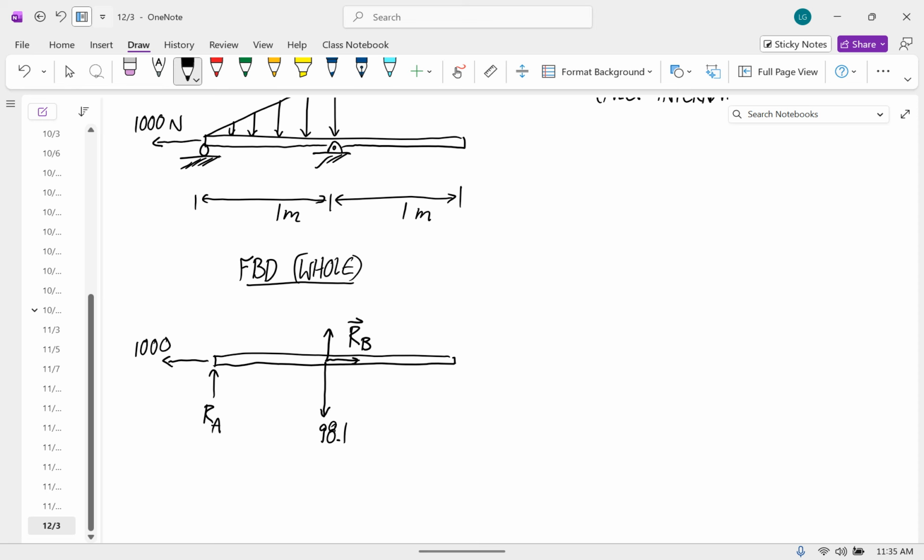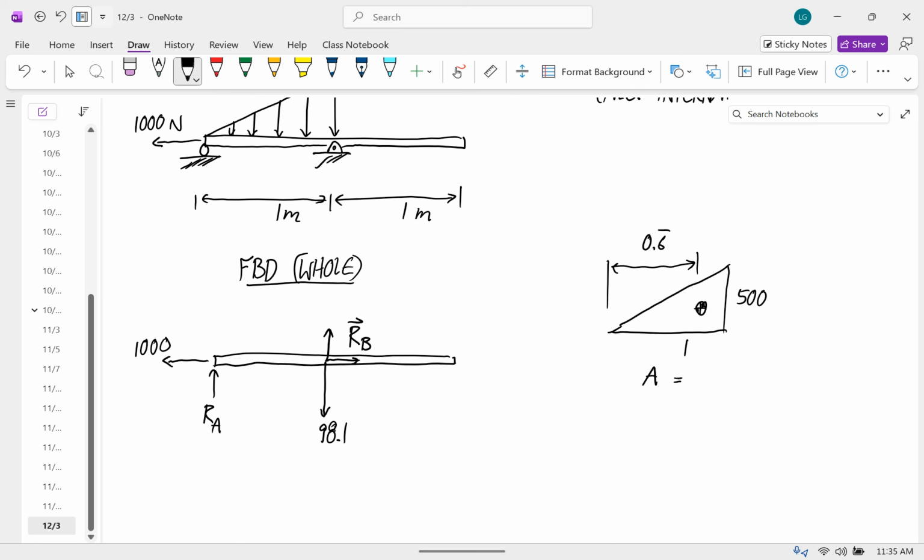And then for that triangular distributed load, we have a length of 1 meter and a height of 500. This distance is 2/3 of the 1 meter, so this is just 0.6 repeating.